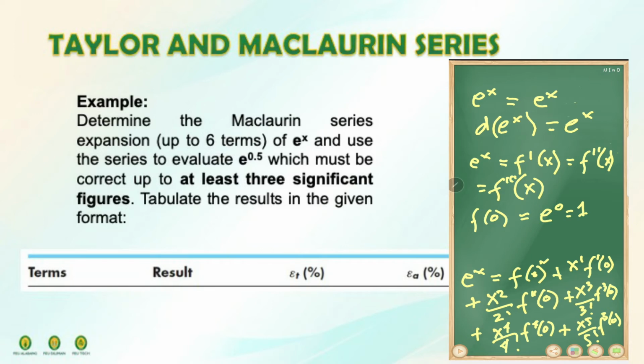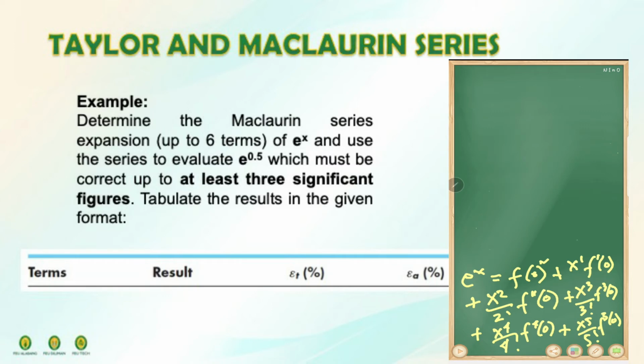If we have f prime of 0, e raised to the 0 again is equal to 1. And then f2 of 0, e raised to 0 again is equal to 1. So any of the derivatives evaluated at 0 has the value equal to 1, since it is e raised to 0.